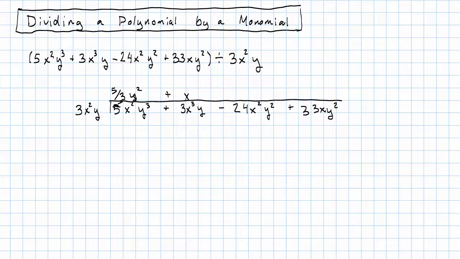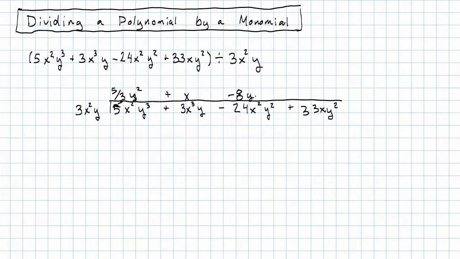The coefficient is negative 24. Negative 24 divided by 3 is negative 8. X squared divided by x squared is just 1, no need to write it down. Y squared divided by y is just y.